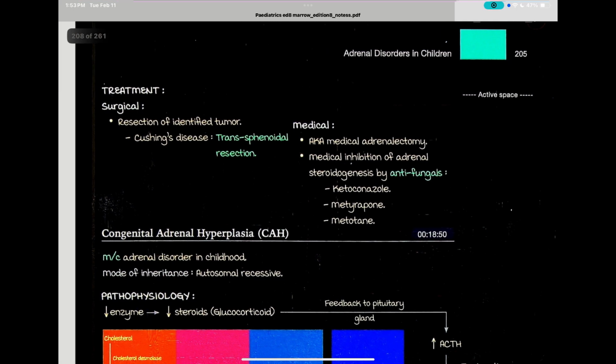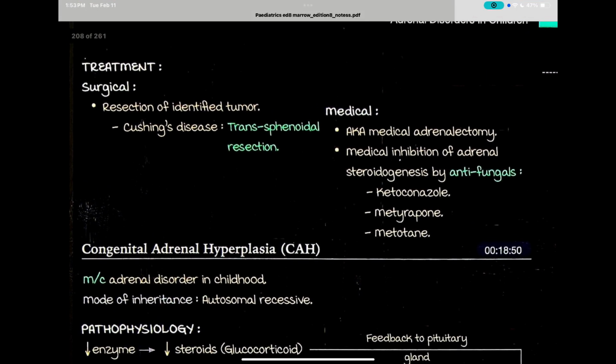Treatment: surgical resection of the identified tumor; Cushing's disease, transsphenoidal resection.